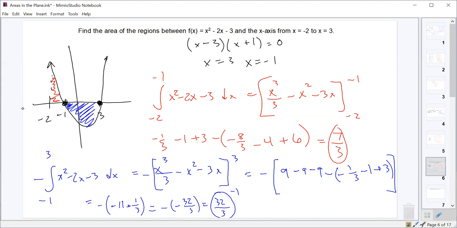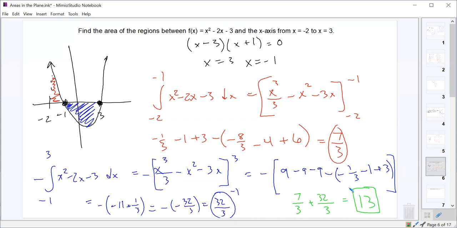And so 7/3 plus 32 thirds is 39 thirds, right? Which is 13.